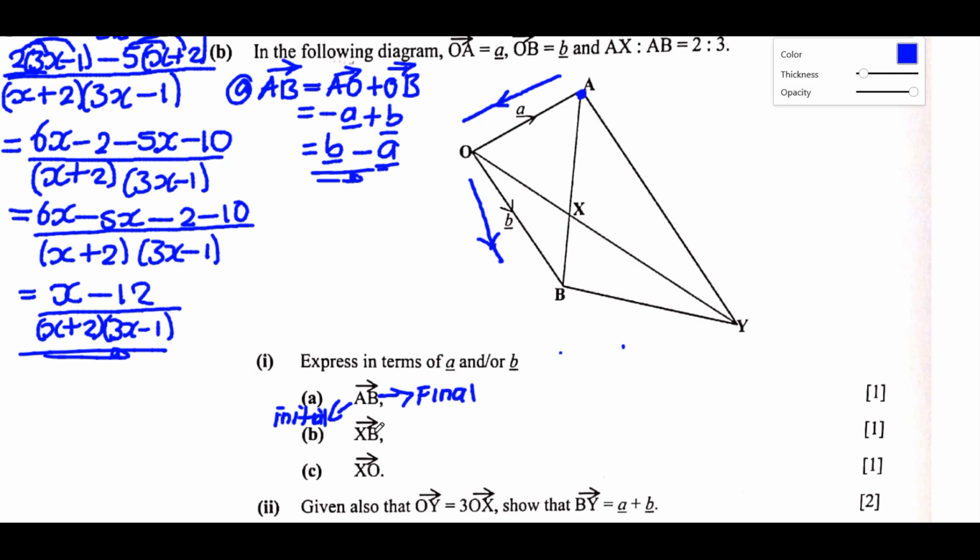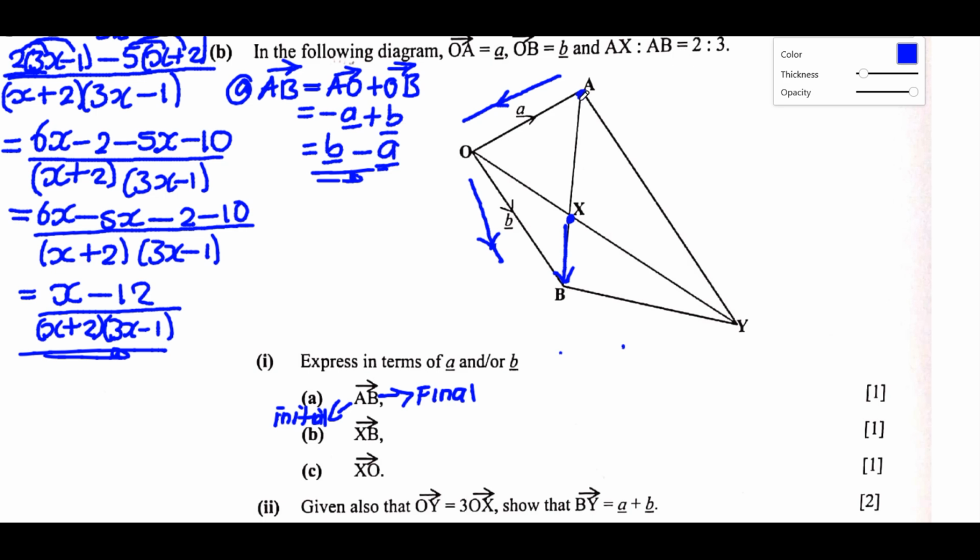Let's move on to XB. For XB, we just want to move from X to B. We need to look at what we have. Since we have the vector AB, we just need part of it, so we look at the ratios.